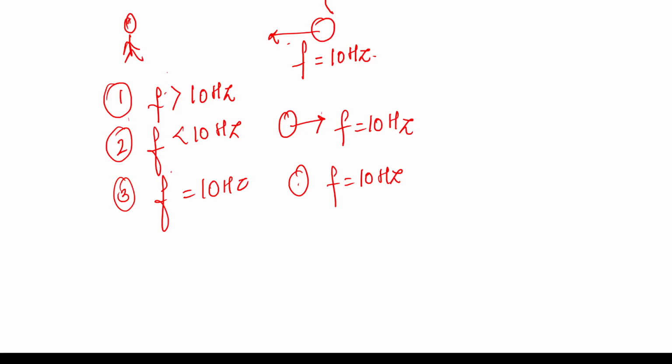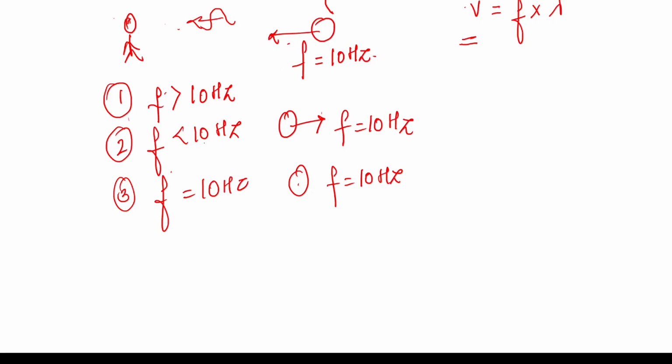Now, we know that wave speed is frequency times wavelength, and this is the speed of sound or the speed of a light wave, an electromagnetic wave. This is constant if the medium is not changing. So the speed at which the wave is traveling towards me is constant.